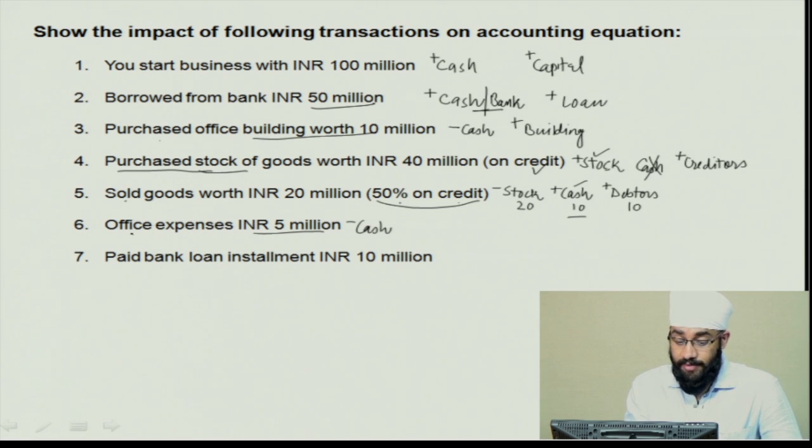Now if the profit goes down, the equities go down. In this case transaction 6 says office expenses. So any increase in expense will actually result in a decrease in the profit. So any decrease in the profit would mean the capital of the shareholder goes down. All right. So the other item involved here is capital of the owner, which goes down by the same amount.